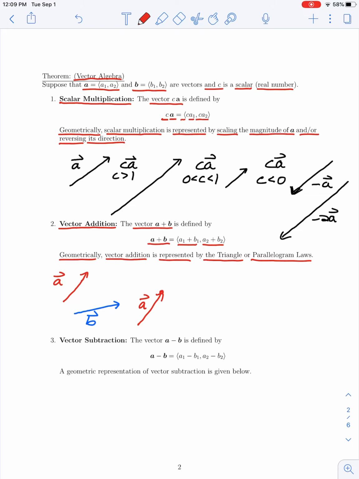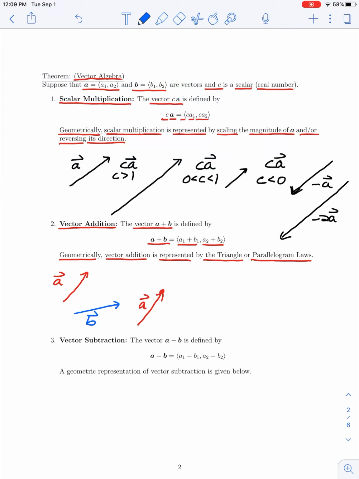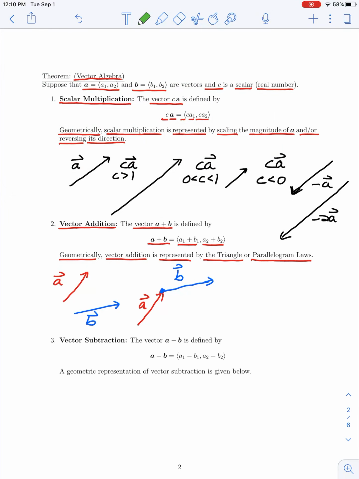And at the terminal point of A, I'm going to take the other vector in my sum, that is vector B, and draw its representation, where the initial point of B will correspond to the terminal point of A. So the sum of those two vectors here would be the vector that completes the triangle.